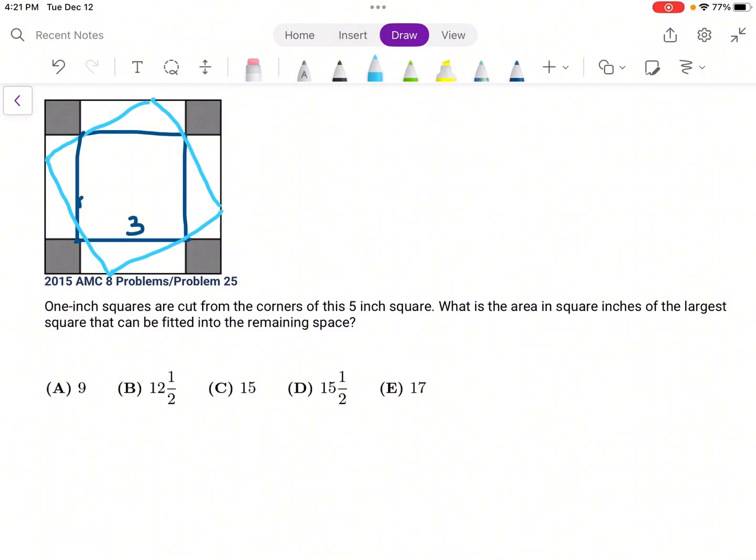So if the light blue square is valid, then it covers the center square and it's larger than the area of the center square.